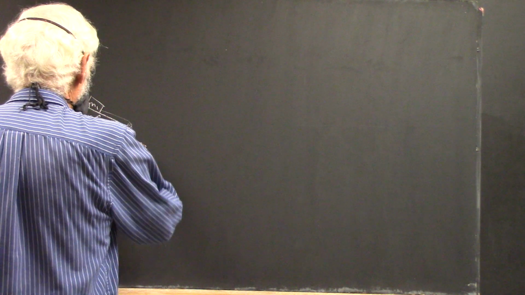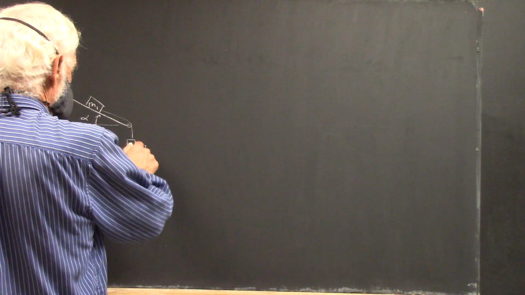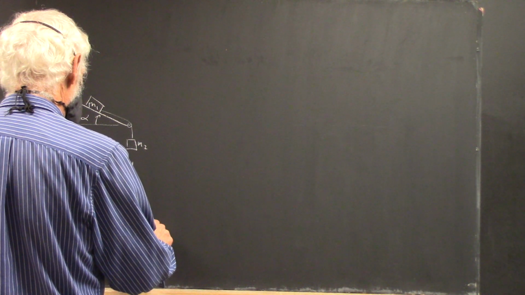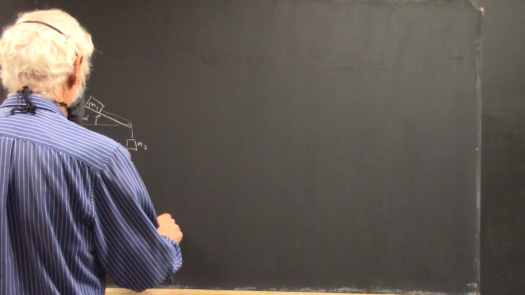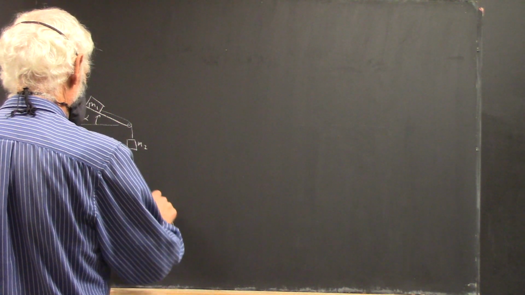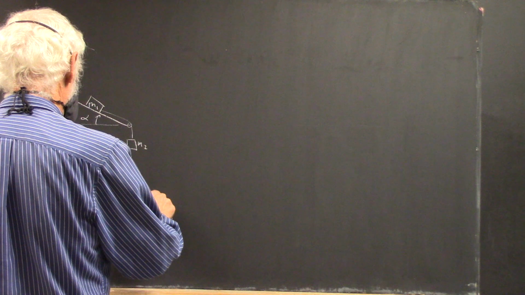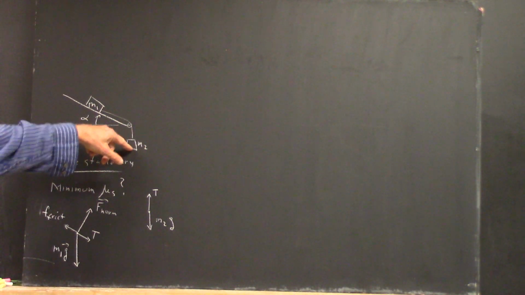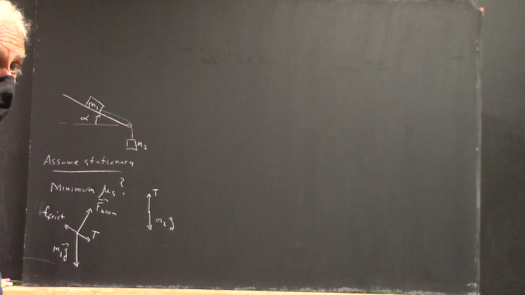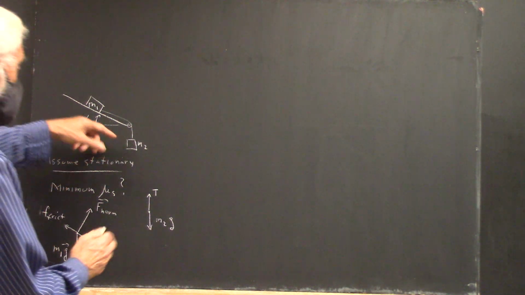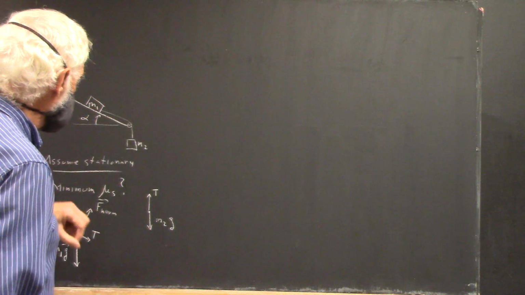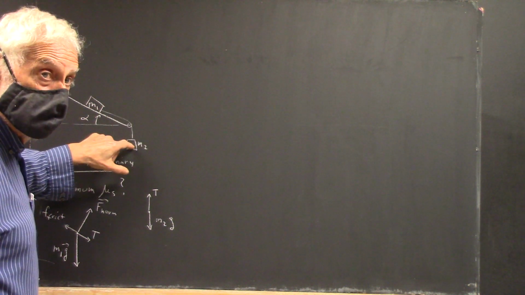And, of course, you have a free body diagram for the mass M2. And the tension in the string acts in the opposite direction. In other words, tension in the string at this end tends to pull the string shorter, which means it's going to act in the vertical direction on this mass.